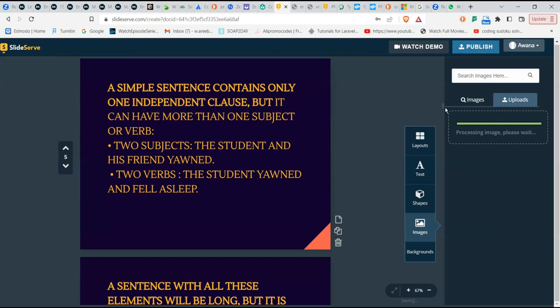The student and his friend yawned. Similarly, if we were to say the student yawned and fell asleep, both of these verbs will be counted as one. It will be a compound verb. Okay? Yes, ma'am.